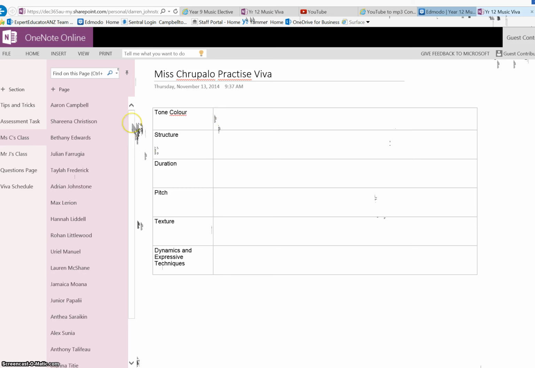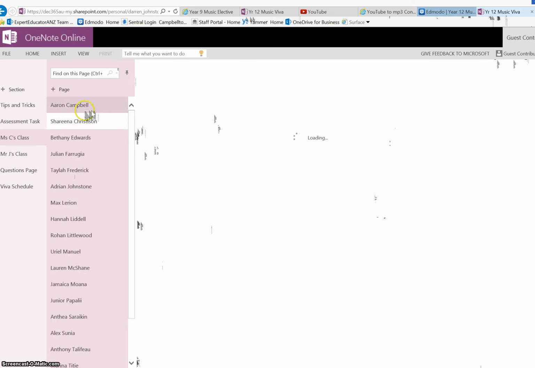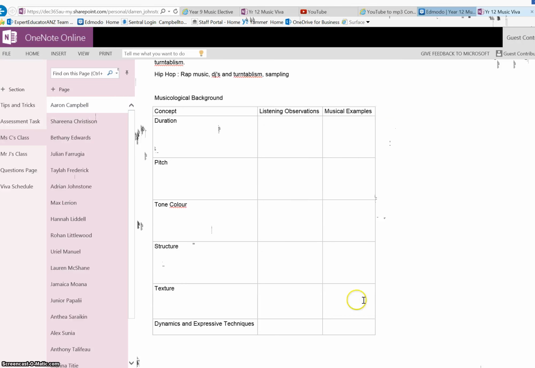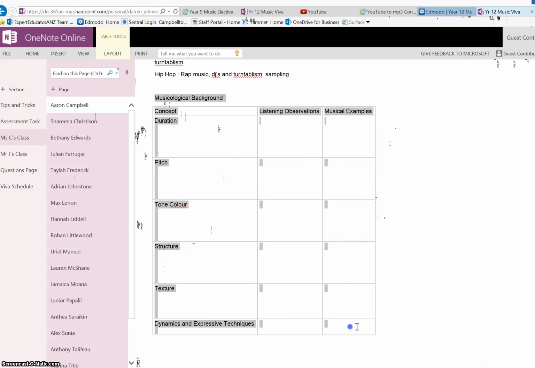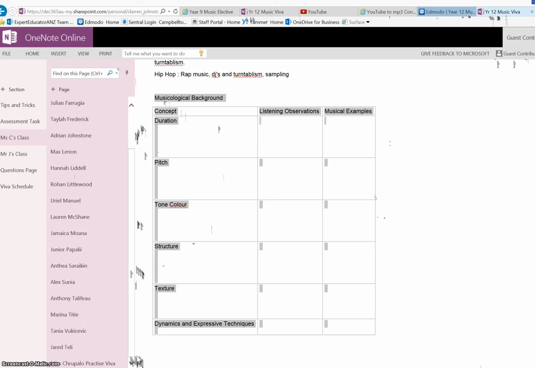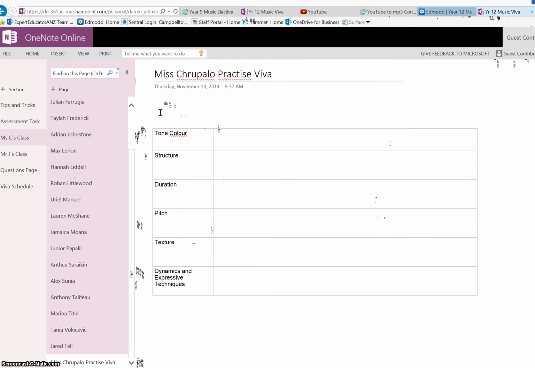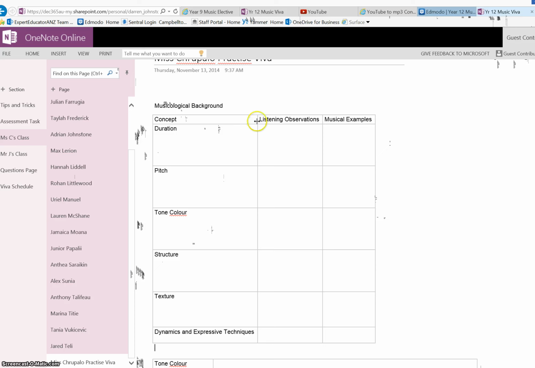As you can see, some people have chosen to have a look at the concept table that we did at the start of the year. I'm just going to use Aaron's as an example. This is the one where you have both listening observations about the concepts and you include musical examples as well. So if I copy and paste that up here, then that's a really good one too.